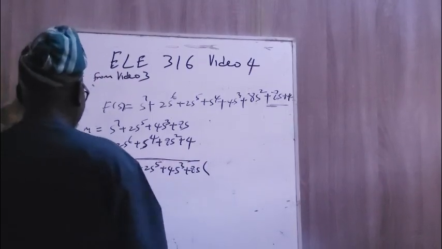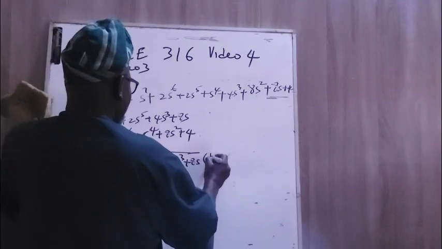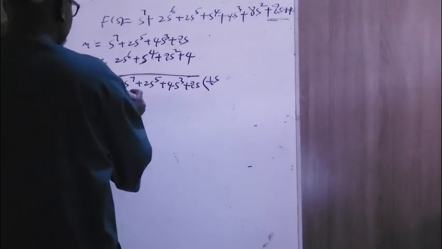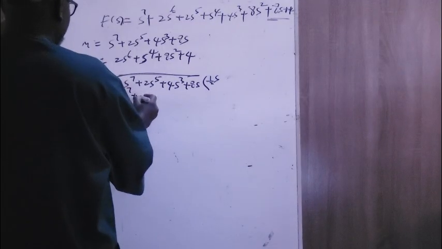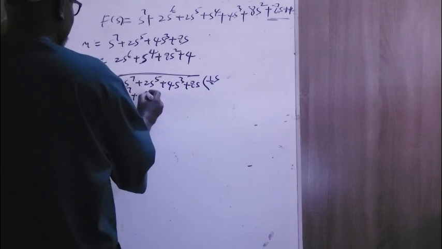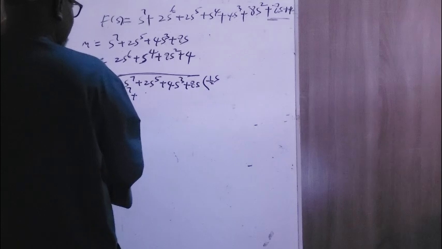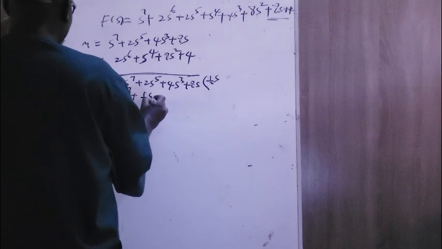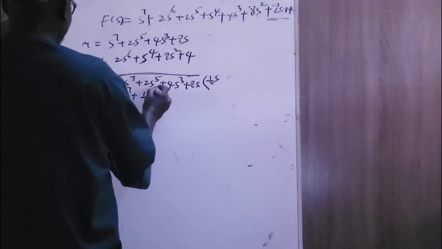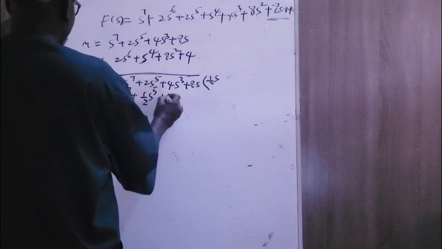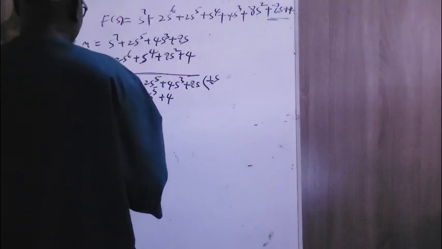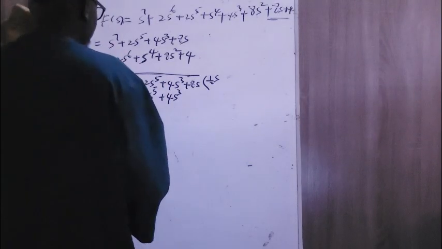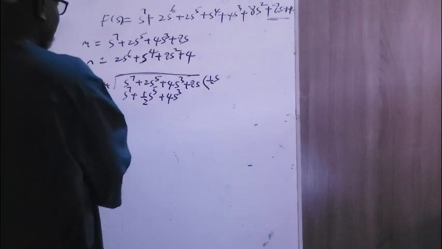So what are we going to have? We are going to have half s. This is going to give us s^7 plus half s^5 plus 4s^3. Let me check again.